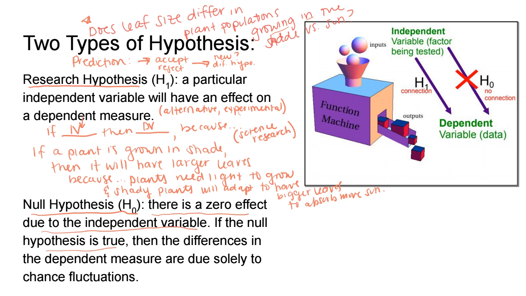And then if the null hypothesis is true, the differences in the dependent measure are due solely to chance fluctuations. Let me sum this up for you.